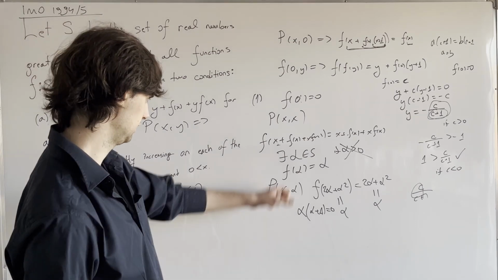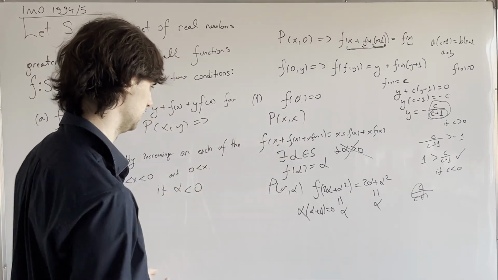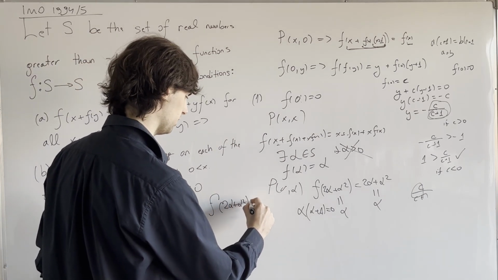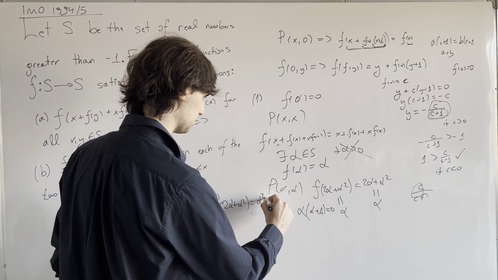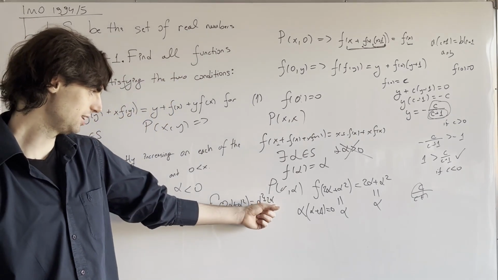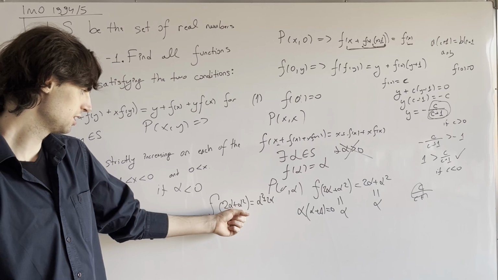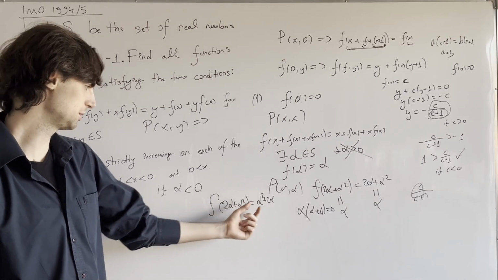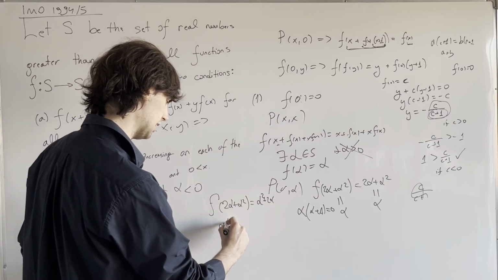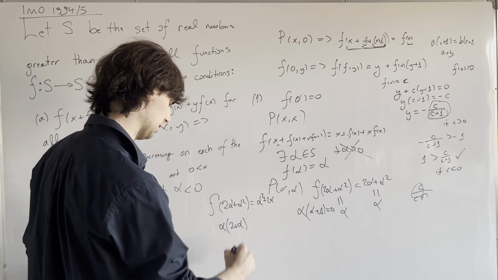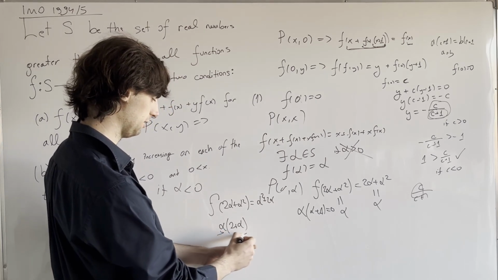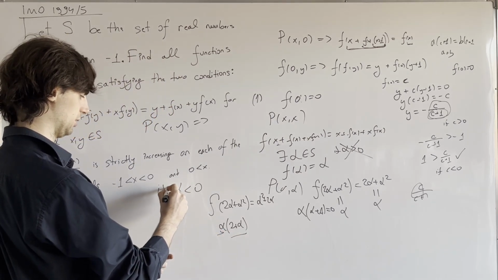What happens then? Again, let's see what happens when we plug in both of these. We'll get f of 2 alpha plus alpha squared is equal to alpha squared plus 2 alpha. And now this thing is going to be what? f of something is the same as alpha times 2 plus alpha, which is a negative value, because this is negative and this is positive, if alpha is between 0 and -1.